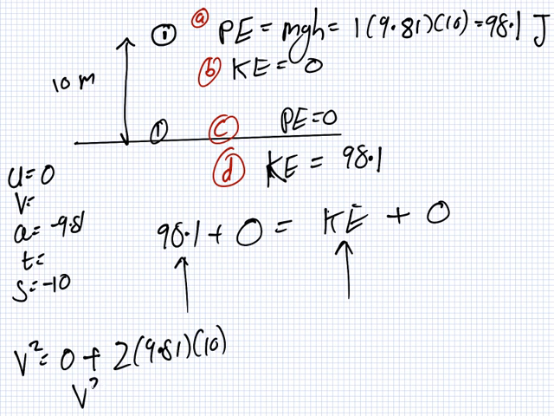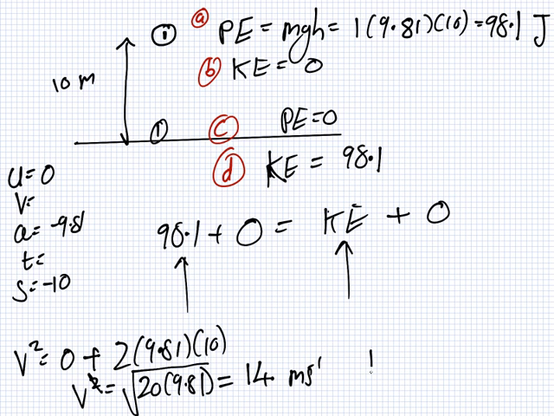So v squared equals 20 times 9.81. That's 14.14? For 14 meters per second. That's the v squared. Keep it v squared, we use v squared.